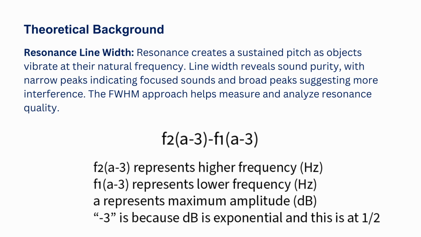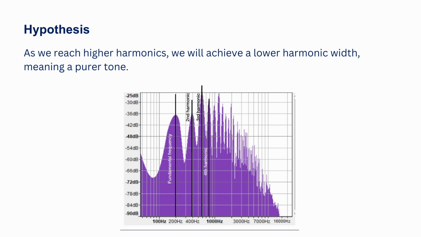A narrower line width corresponds to a purer sound, meaning that there are fewer extraneous frequencies, while a broader line width indicates a sound with more overtone interference. Seeing that we were testing in the context of this specific experiment, resonance line width is particularly helpful, as it helps us determine whether or not sound is actually becoming purer or less complicated as we go from one harmonic to another.